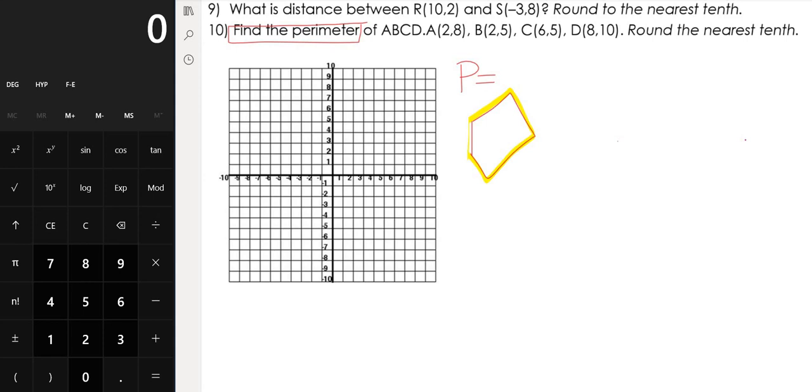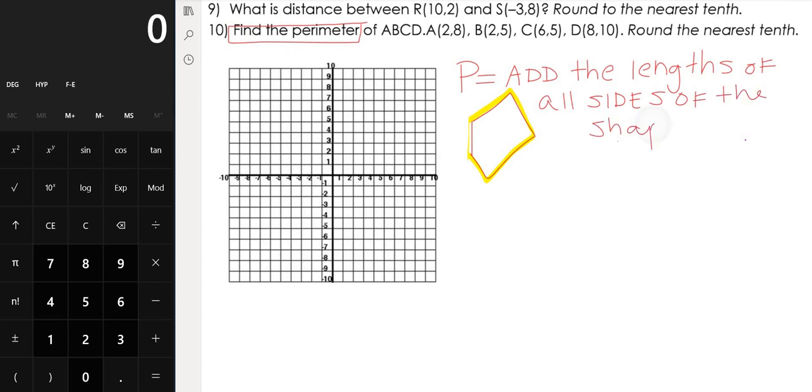So when you're finding perimeter, all you're going to do is add the lengths, with an S, of all sides of the shape. So you're going to add together all the sides of the shape, meaning you first have to know, well, what is the length of all sides of the shape? So we're going to have some work to do.